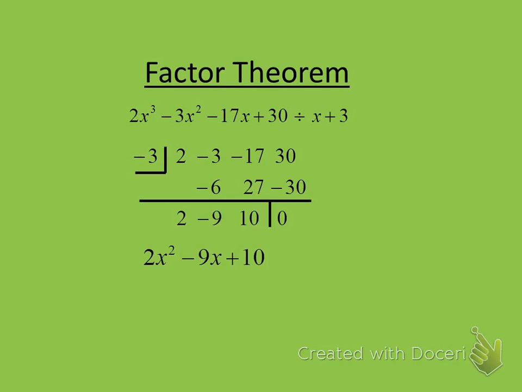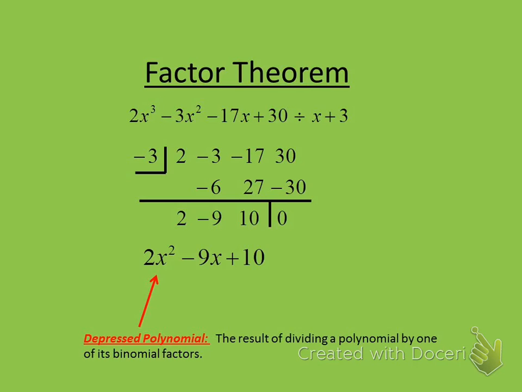Now, we're not going to do it on this one. We're going to stop here except for a definition. The polynomial that you rewrite has a special name when its remainder is 0. It's called a depressed polynomial. Why it's called depressed, I don't know.